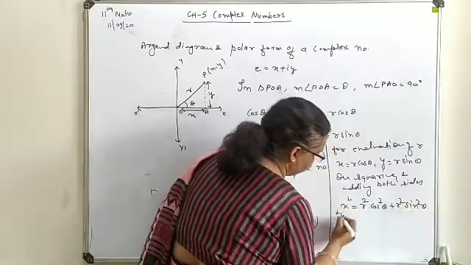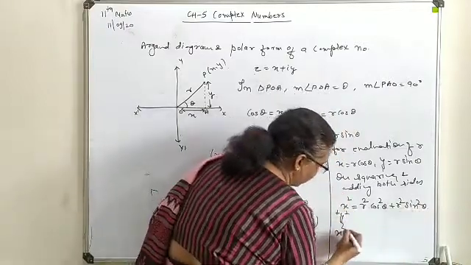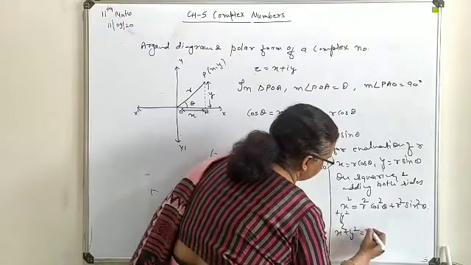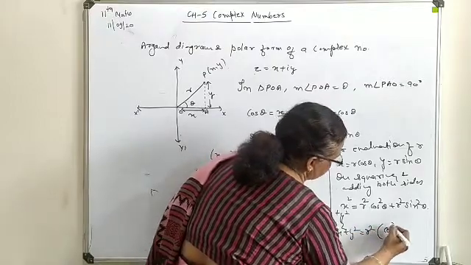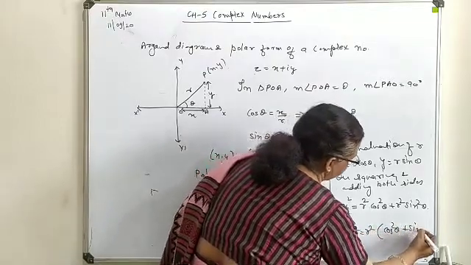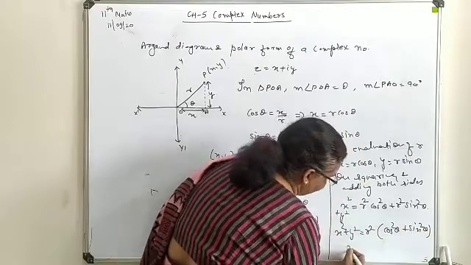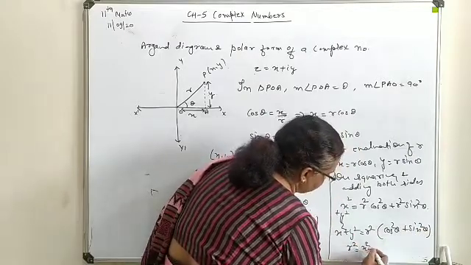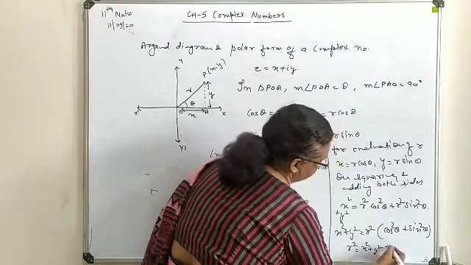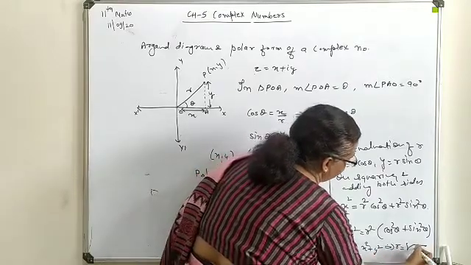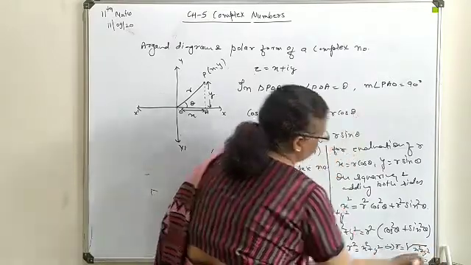So x square plus y square equals r square common, cos square theta plus sin square theta. So finally r square you will have as x square plus y square, or r you can say as under root of x square plus y square.